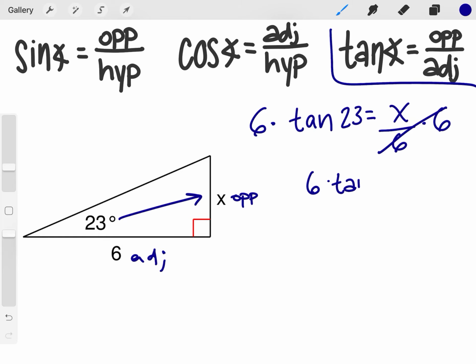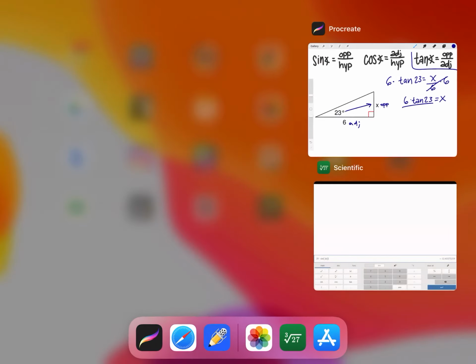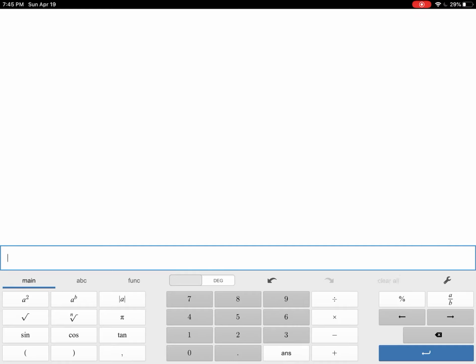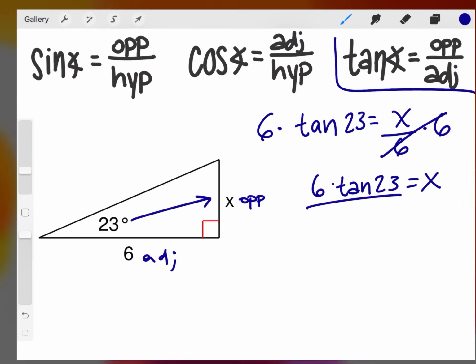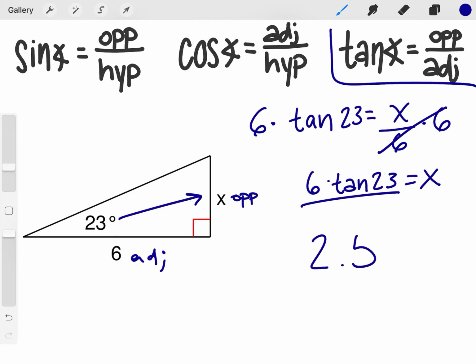X is all by itself now. 6 times tangent of 23 equals x. Calculate that on Desmos. 6 times tangent of 23, we get 2.546 and so on, so that rounds to 2.5 as our value for x.